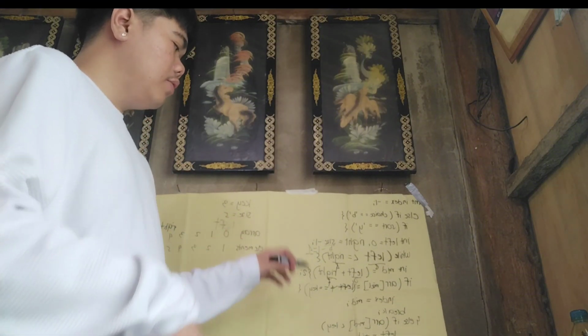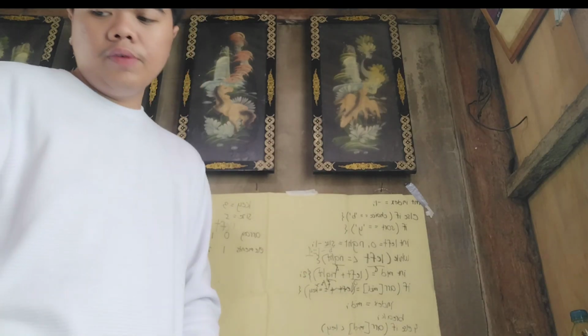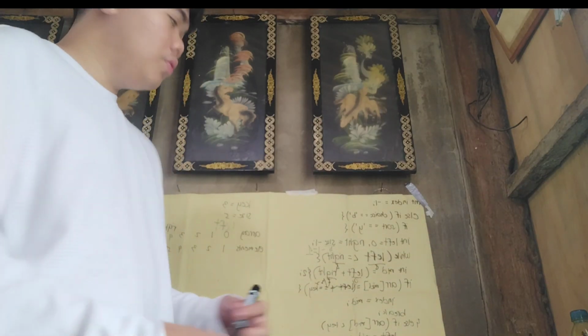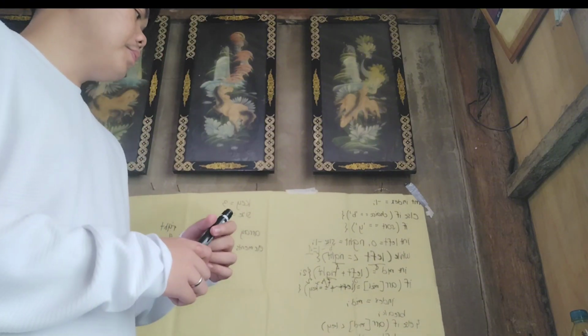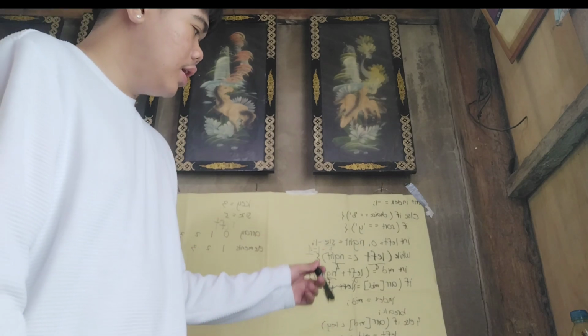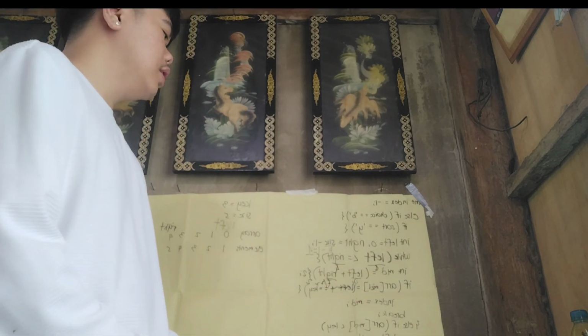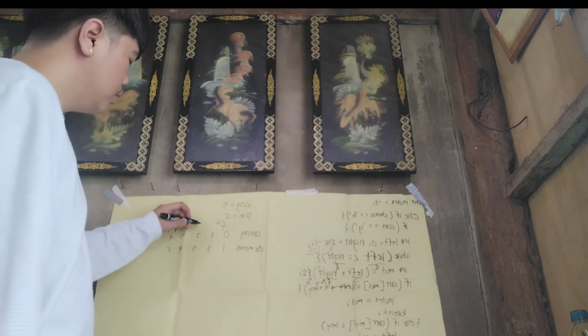Then divided by 2, so 4 divided by 2 is 2. So right now, mid is equivalent to 2.